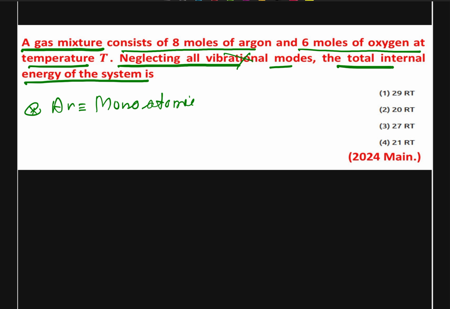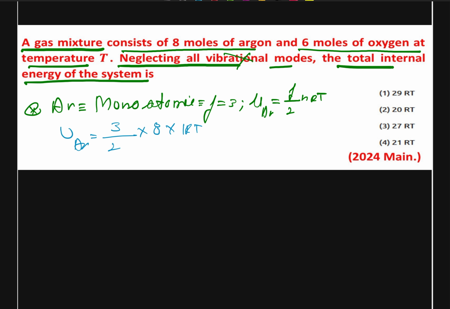And for monatomic, we know that our degree of freedom is 3, and its internal energy, let us suppose we call this as U argon, will be equal to F by 2 nRT, which is a standard formula, and we substitute, we get this as our U of argon will be equal to 3 upon 2, number of moles are given as 8, and multiply by RT.